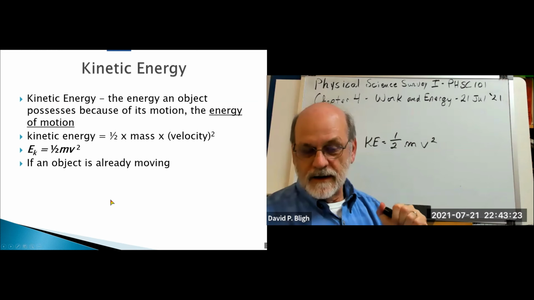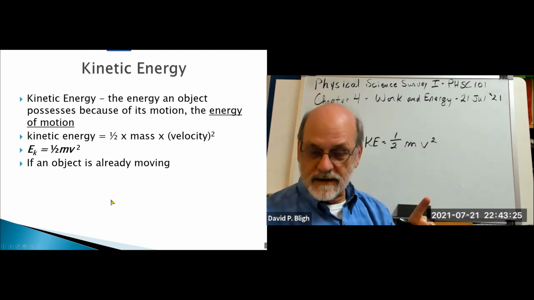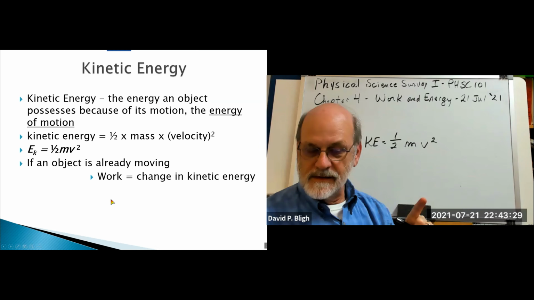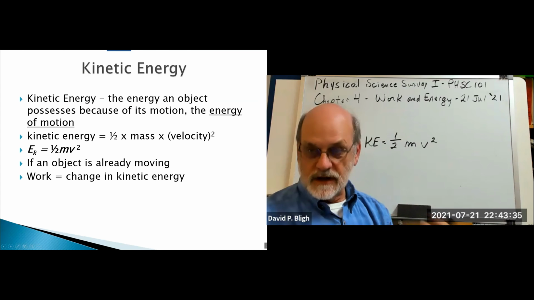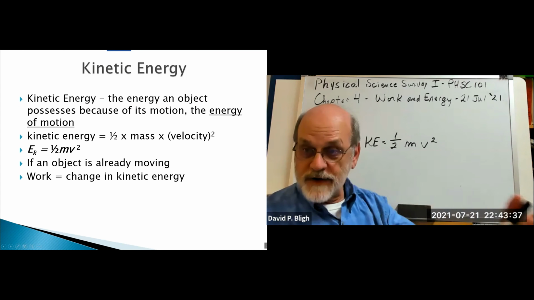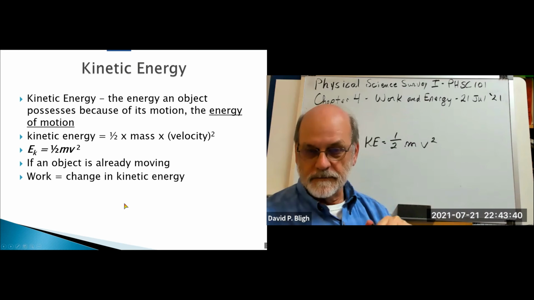All right, if an object is already moving, then we can calculate how much energy is required to change its motion. Make it go faster, make it go slower. A change in kinetic energy requires work. Energy must be expended in the form of work to change the kinetic energy of any object.